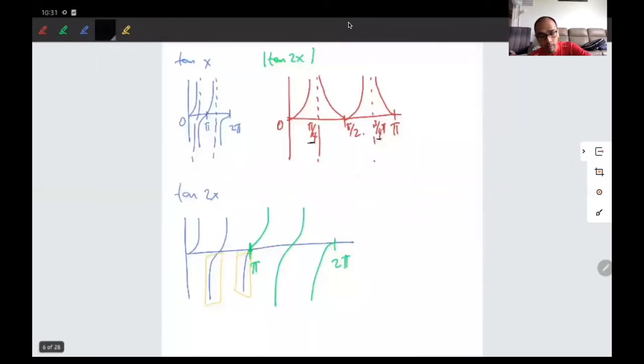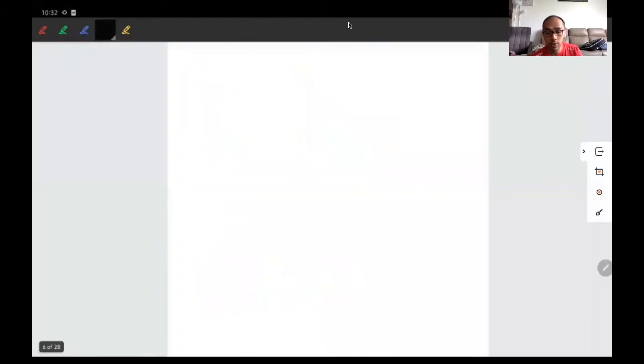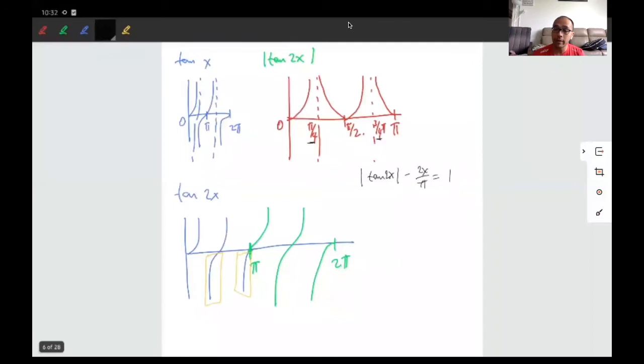Modulus tangent 2x minus 2x over pi equals to 1. We know that the original one is y equals to modulus tangent 2x. So we can substitute the y here. Y minus 2x over pi equals to 1. Therefore, y equals to 1 plus 2x over pi.